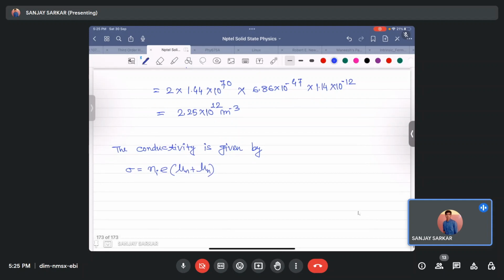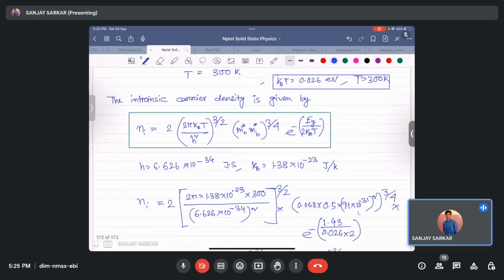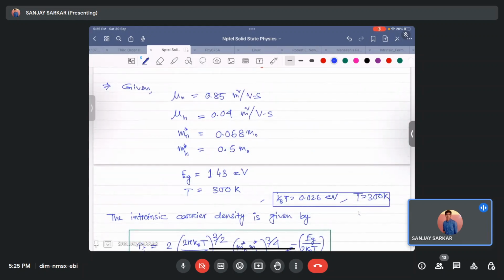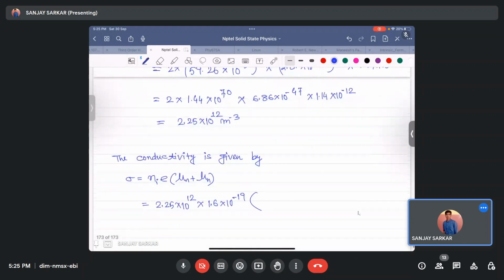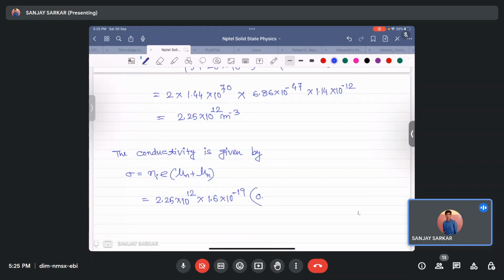So all the values you already know. n_i you have calculated, which is 2.25 into 10 to the power 12. e is 1.6 into 10 to the power minus 19, and mu_n and mu_h both are given in the question, 0.85 and 0.04.